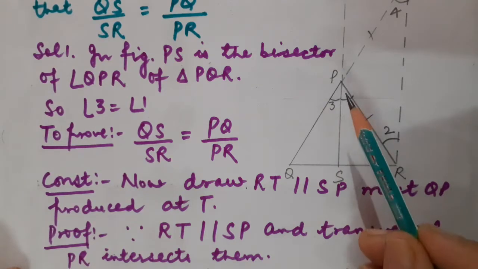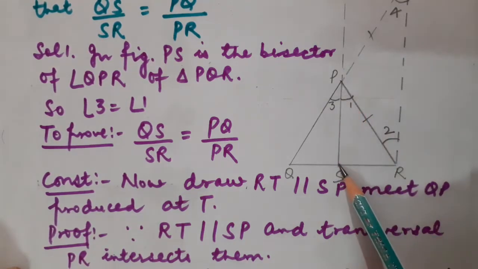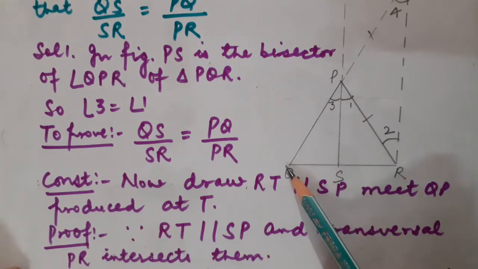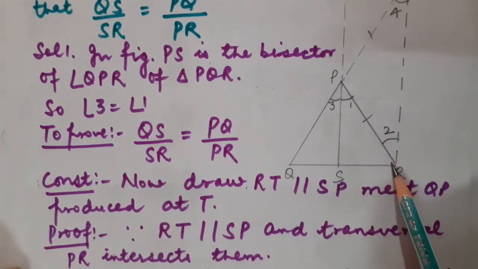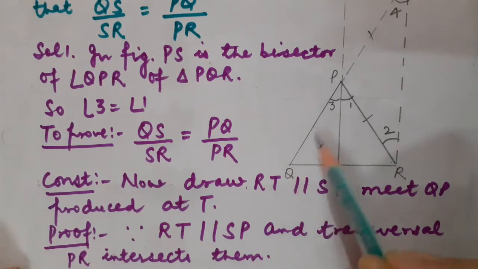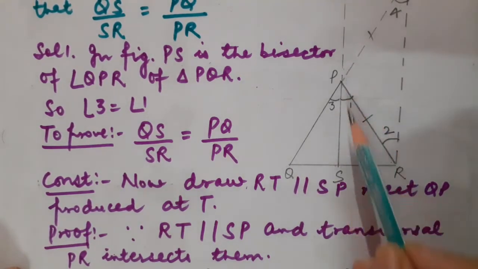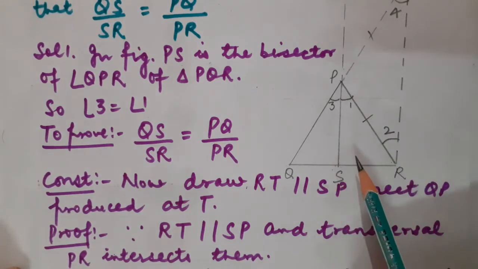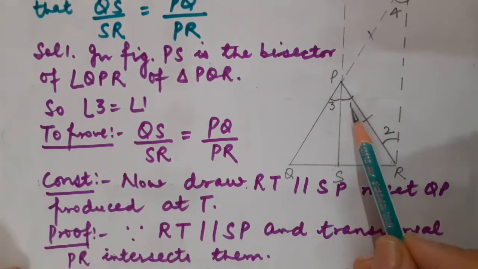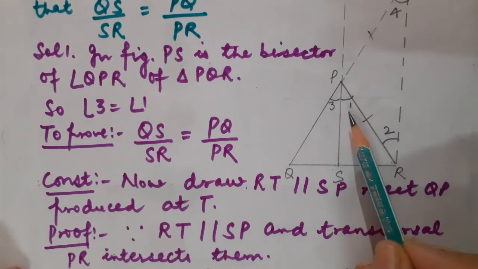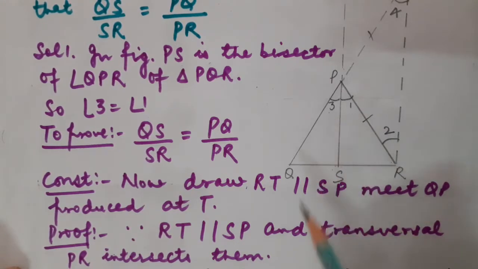So children, as I know that here PS is the angle bisector of angle QPR, can we say that angle QPS is equal to angle RPS? Or, as I have given the name in the figure, through this name you can easily judge that angle 1 is equal to angle 3.